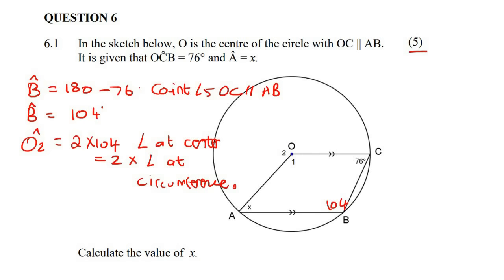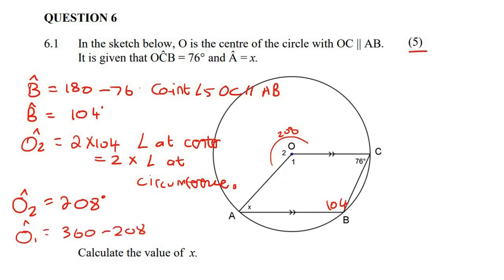Okay, so that means that angle O2 is going to be 208 degrees. So this whole angle is 208. So then we know that this is a revolution, so we could work out angle O1 as 360 minus 208, and that's just because of angles around a point. So we can say angles around point. And so if we're to work that out, that'll be 152.